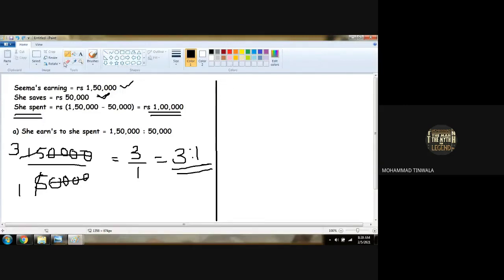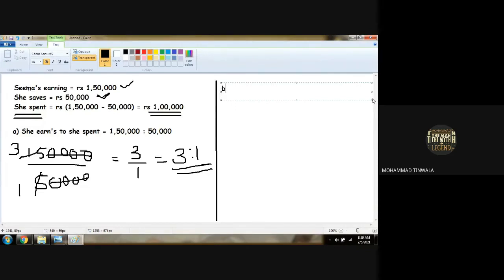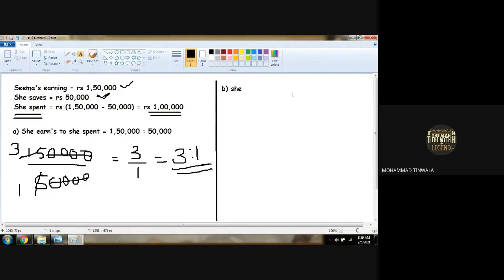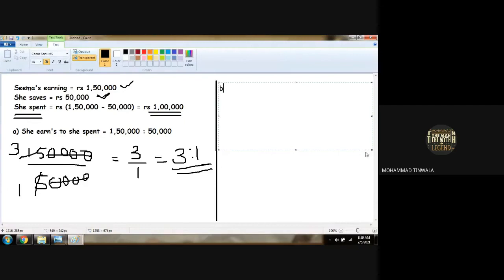Answer B is what? B is between Seema saves and Seema spends, right? Seema saves is equal to, what is the ratio here? 50,000 is what Seema saves, right? Is to what is her spend? 1 lakh, what we found here.